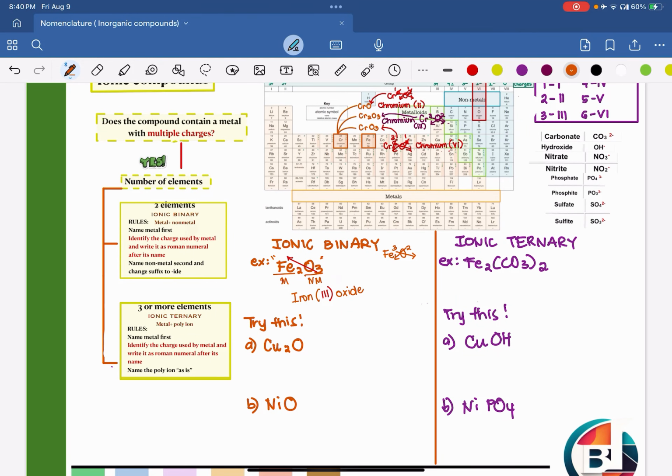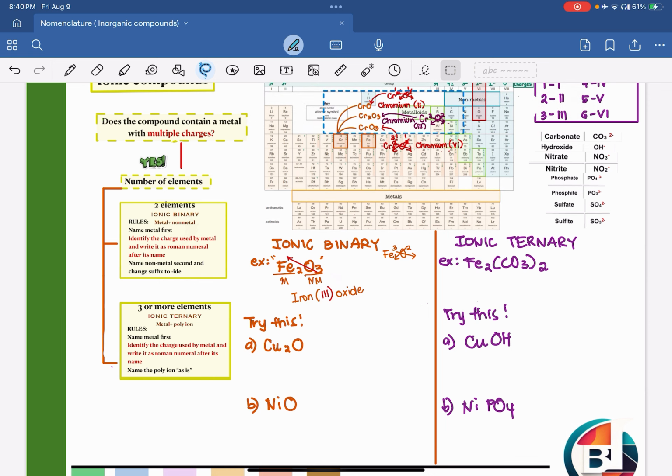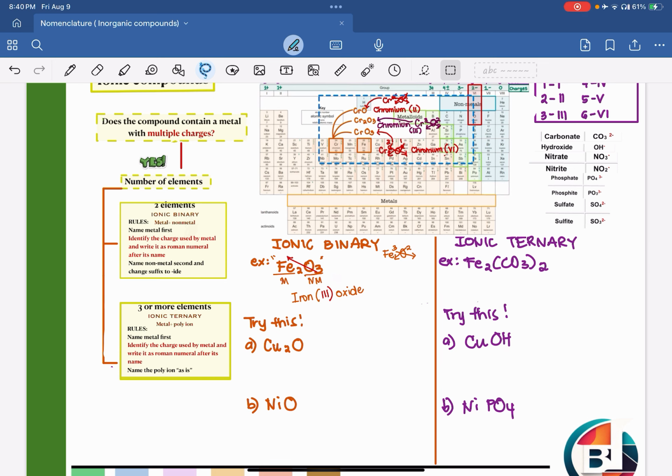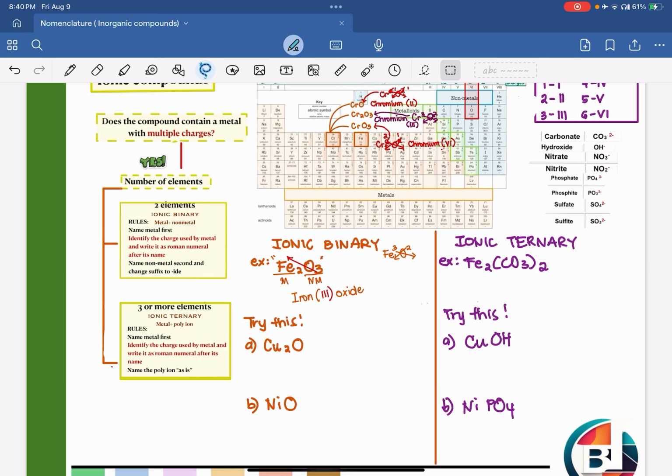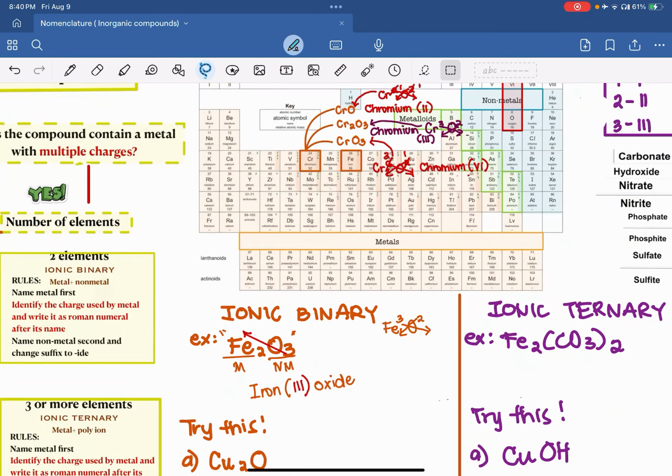Now, let's have your copper. Okay, let me just move this one. Let me just zoom in. So, your copper has the possible charge 1 and 2.